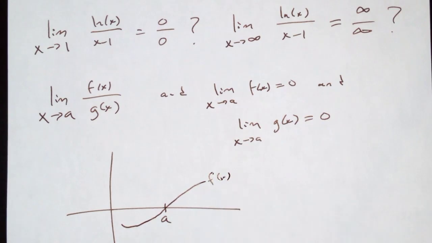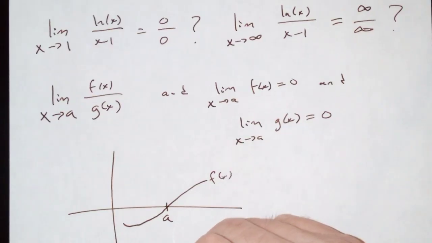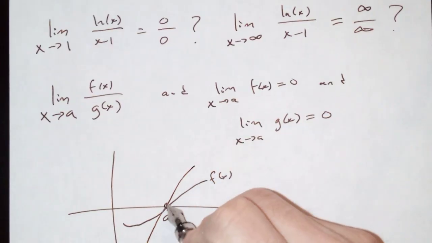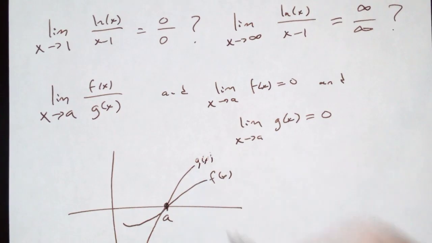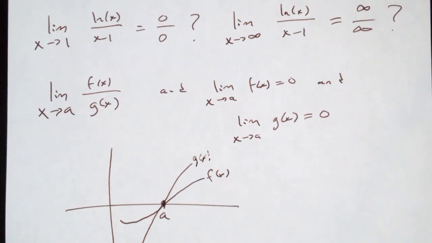Looks something like that. And g of x is going to go through the exact same spot on the x-axis. And what we're really trying to do when we evaluate this limit is figure out the ratio of these two things, yes?